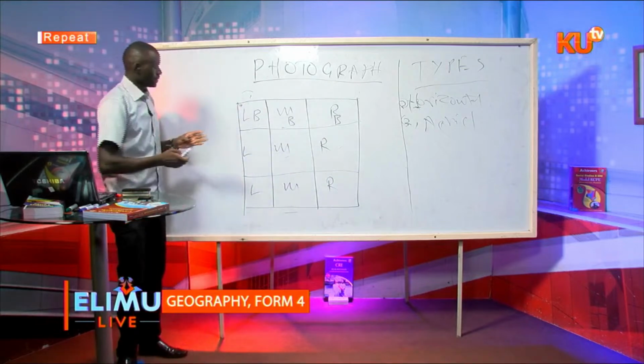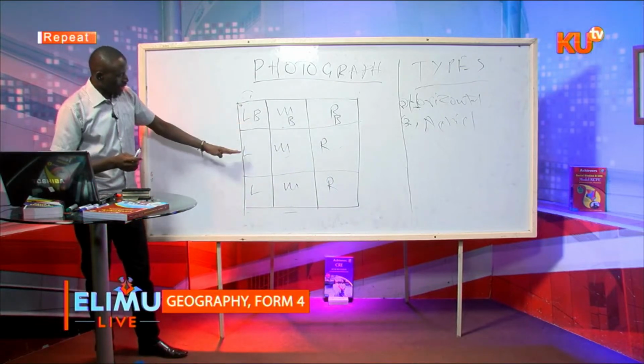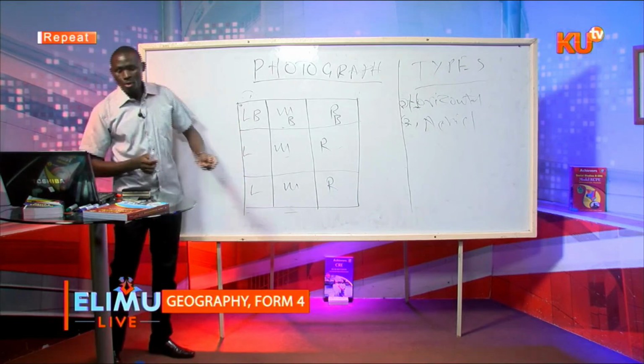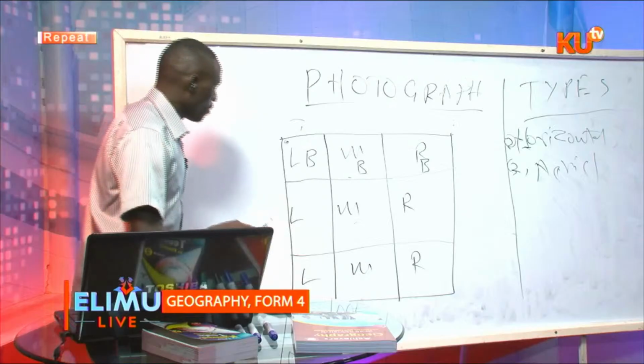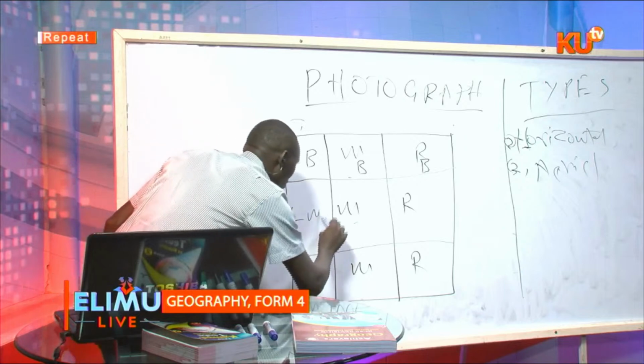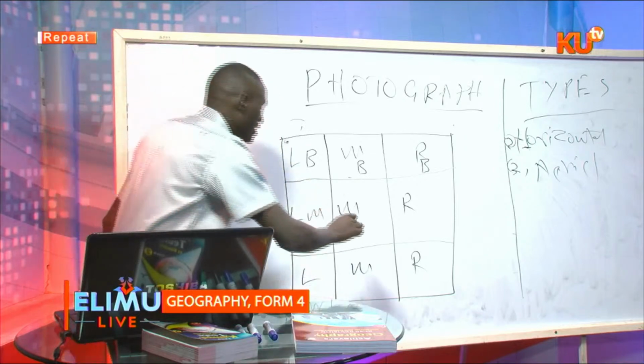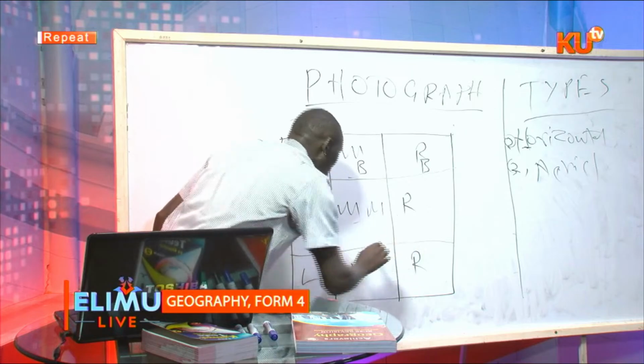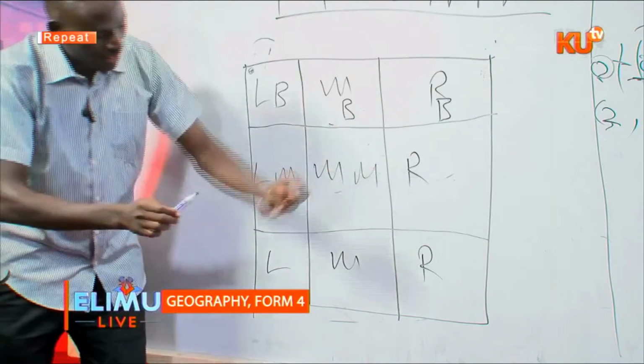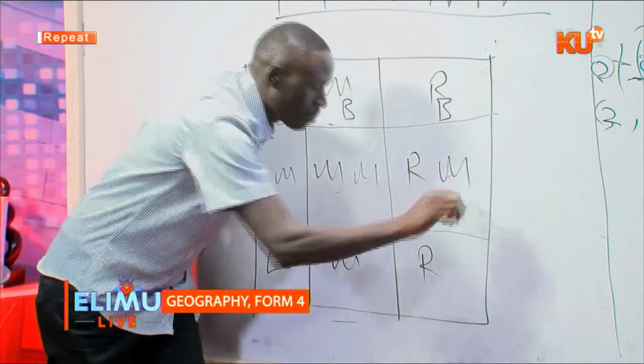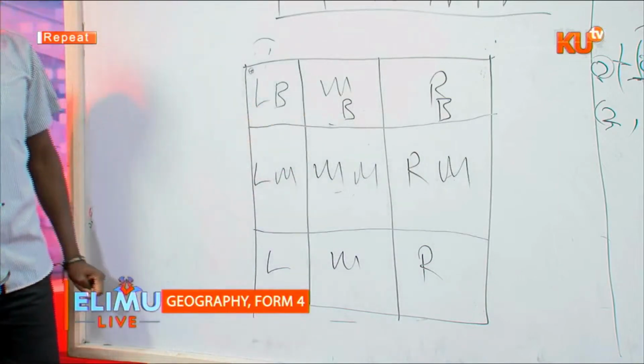That is the first part. Then the second line, which is the middle: here is the left middle, here remains the middle ground, and this one is the right middle.